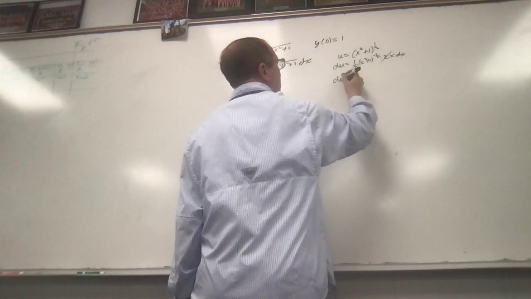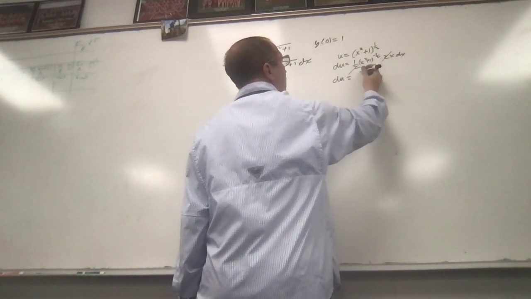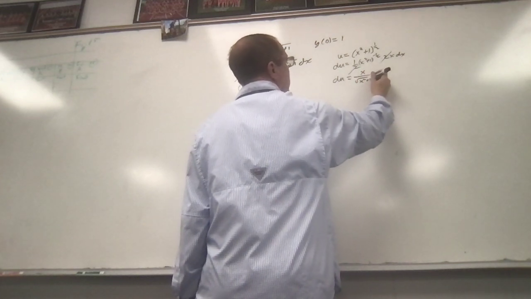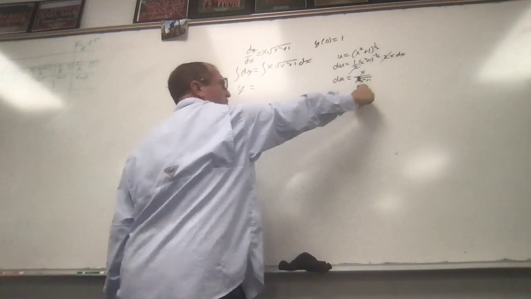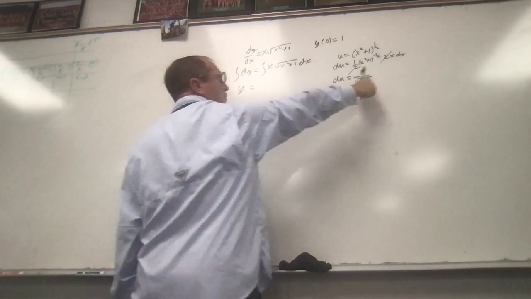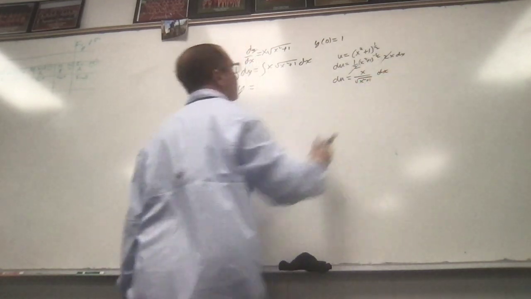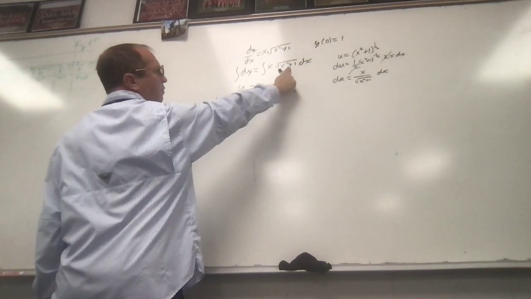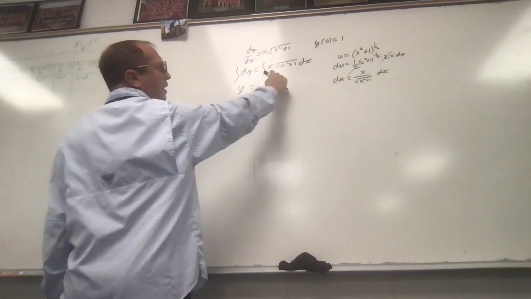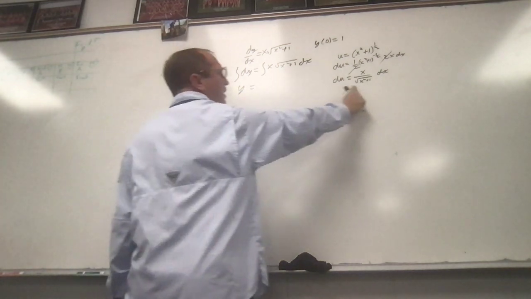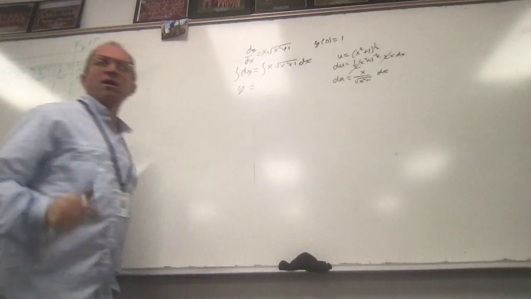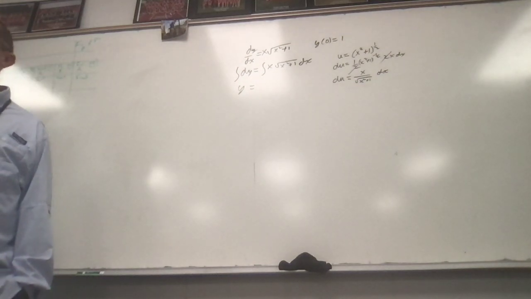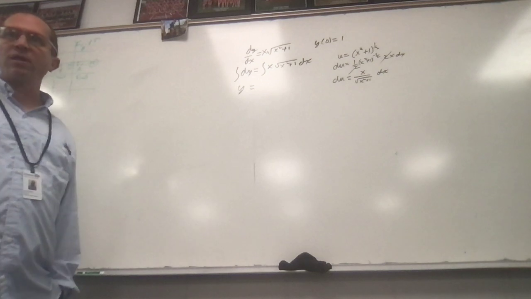So we would get du is equal to x over the square root of x squared plus 1, right? Because that's what that negative 1/2 means, right? Times dx. So this is already u right here, correct? And the x dx is fine, but we end up with this extra value of the square root of x squared plus 1 in it. So that's where I see, oh, I picked the wrong thing.